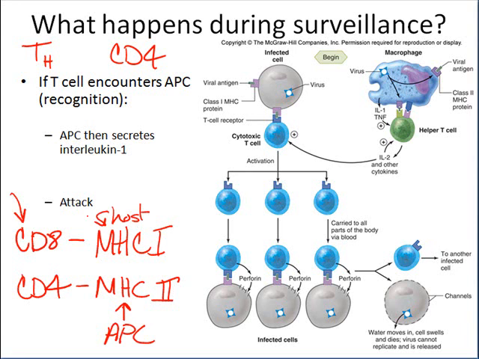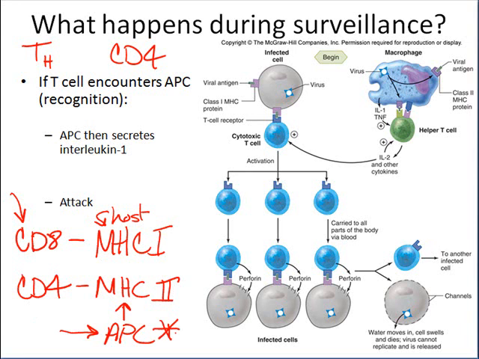So we've already talked about the interaction between a CD8 cell and a host cell that's been infected, and shown that it has been infected by having that antigen presented in its MHC1 complex. Meanwhile, while that's going on, we also have helper T cells in places like lymph nodes, and they are also examining cells that are presenting to them different antigens. Now, an antigen presenting cell, this is critical, does not become infected.